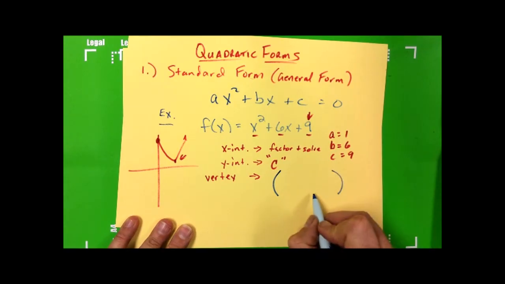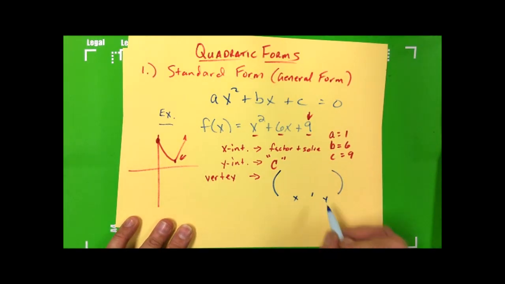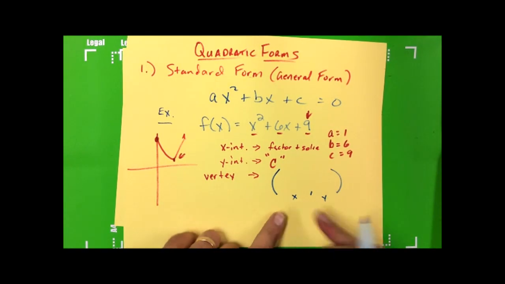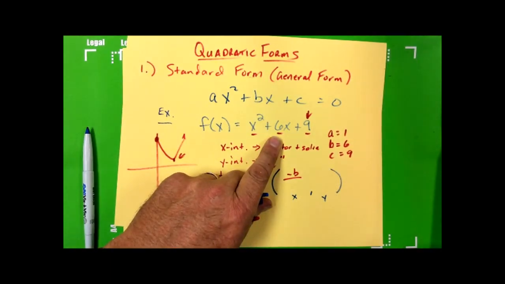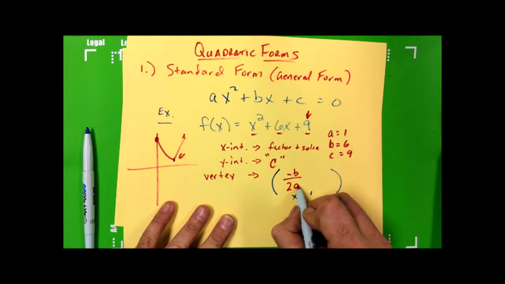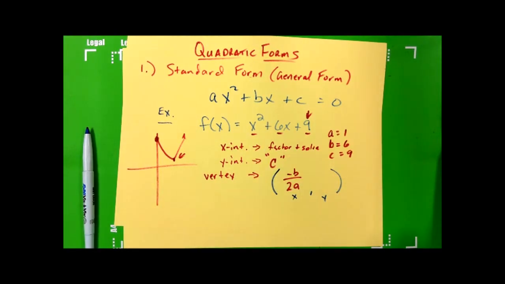So here's the thing. My vertex coordinates can be found by doing this. By taking the B, putting a negative in front of it, and then dividing it by 2 times the lead coefficient, the A. That will always give me the X value.